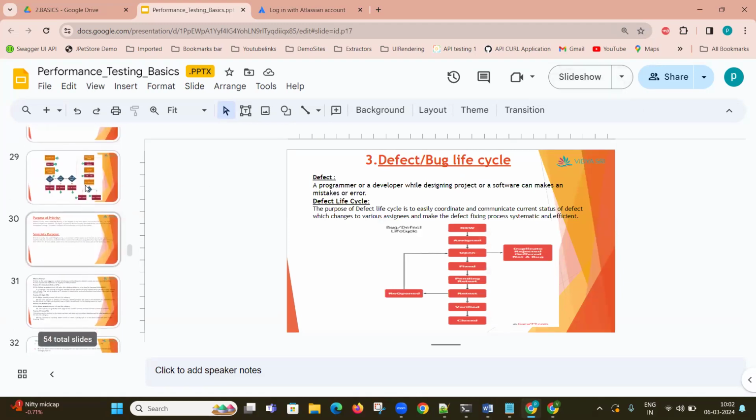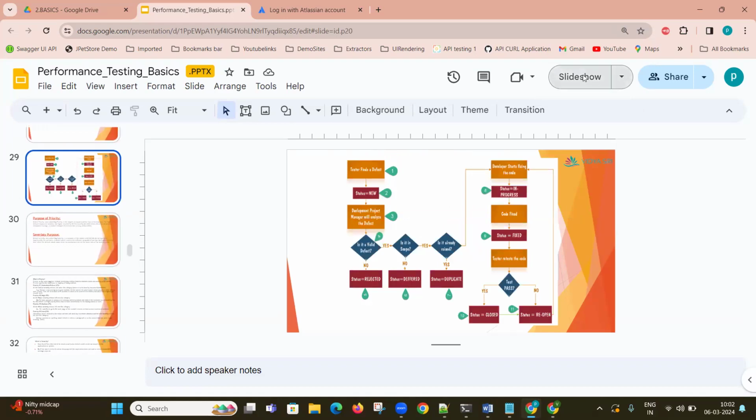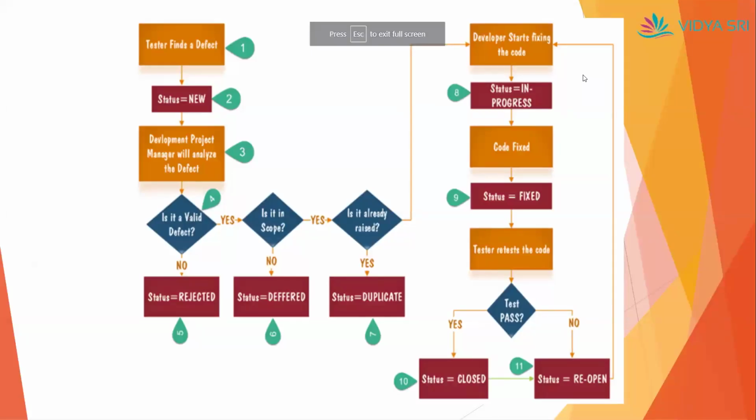So we have a defect life cycle. For example, any issue comes to you. First we raise the issue, so if a defect comes to you, you raise a defect. That is called the new status.